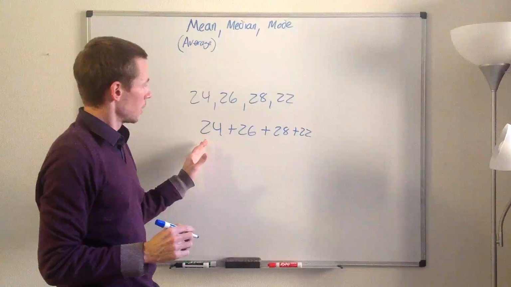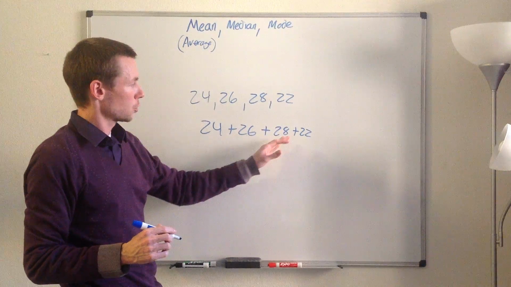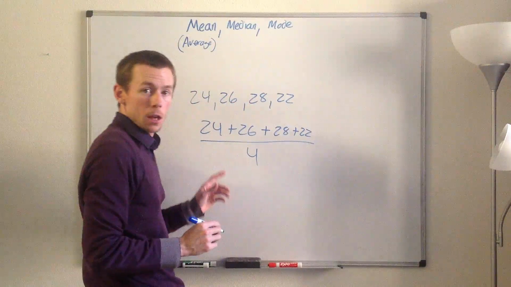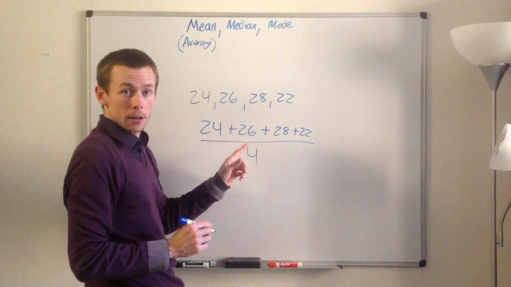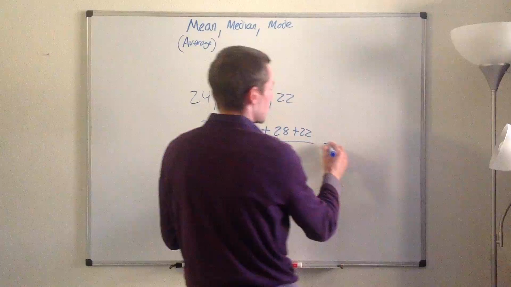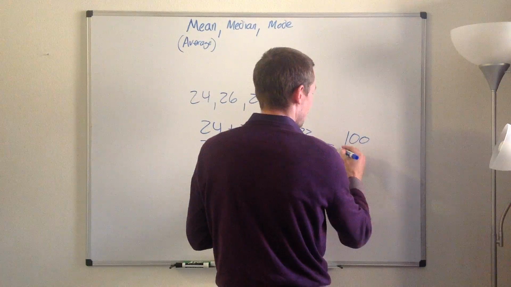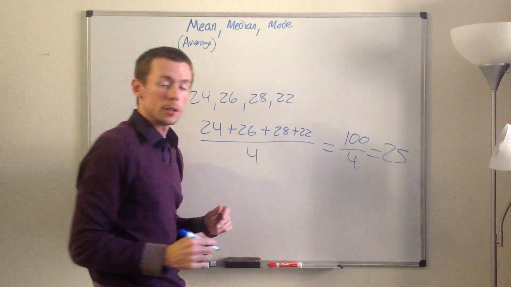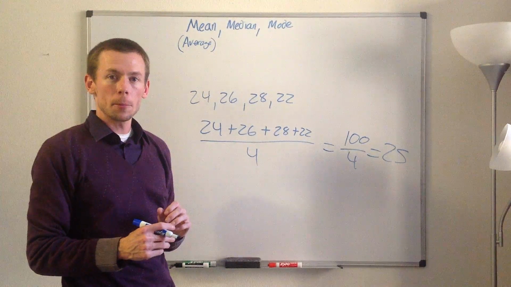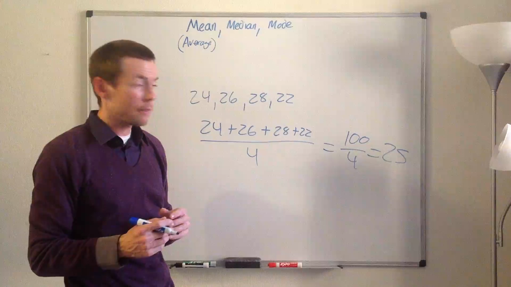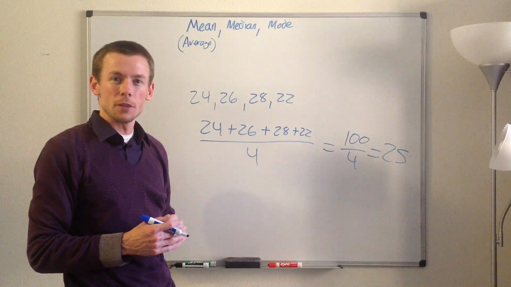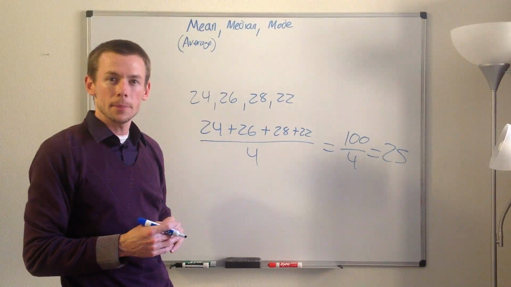So here, 24 plus 26 plus 28 plus 22, divide by 4. Well, when I add all these together, you can do that on your calculator, it comes out to 100 total, divide by the 4 people we had, and that comes out to an average of 25 years old. And so that's a pretty good approximation of what that group looked like.